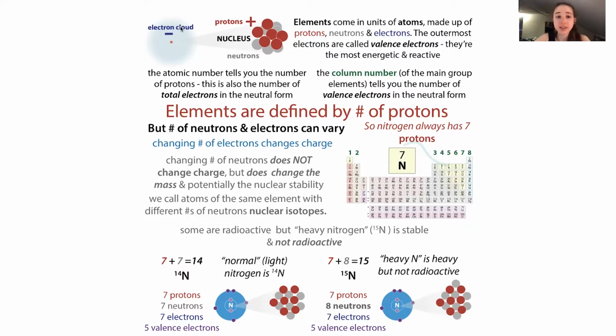So we pay a lot of attention to these electrons, but it's really the number of protons that defines the element. Nitrogen is always going to have 7 protons, carbon's always going to have 6 protons, oxygen's always going to have 8, hydrogen's always going to have 1. So if you have an atom and it has 7 protons, it's a nitrogen.